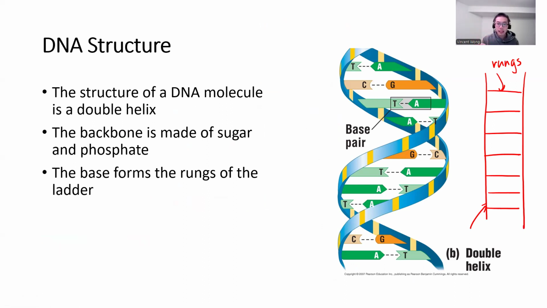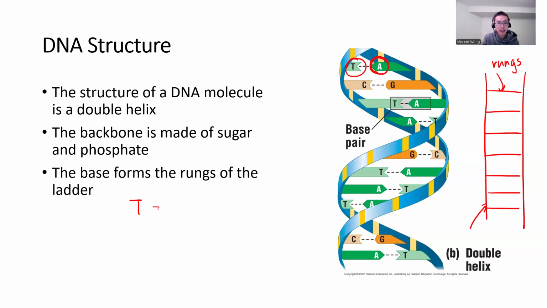But what's really important in this picture is to notice the bases don't randomly pair up with each other. Okay? There are rules that govern what goes with what. If you have a T on one side of the ladder, then it's always going to be an A on the other side.